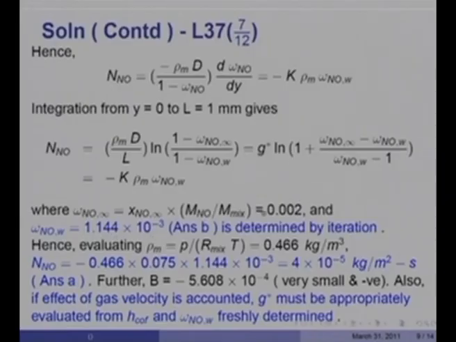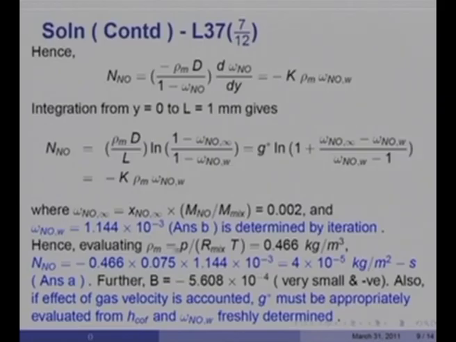So, first of all, one evaluates the mean mass fraction, and that is equal to 0.466, and therefore, N NO is equal to minus 0.466 into 0.075, which is the K value already given to you, into 1.144, which is the omega NO W, into 10 raised to minus 3.